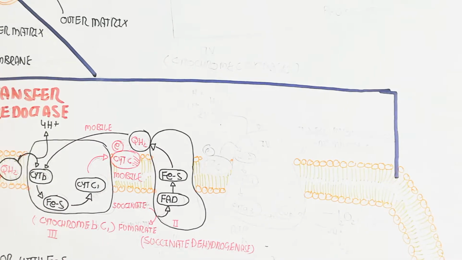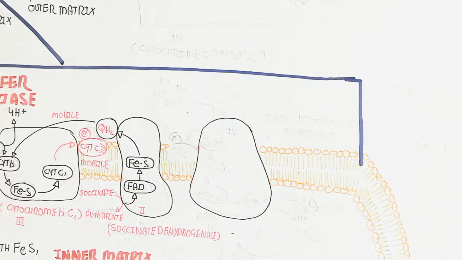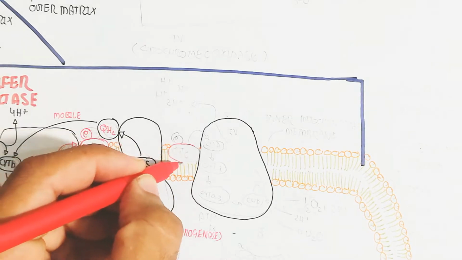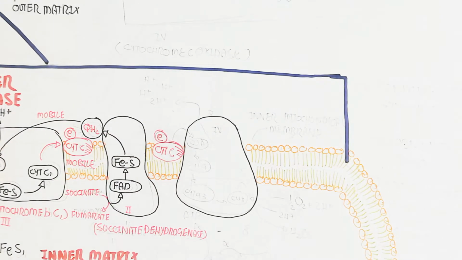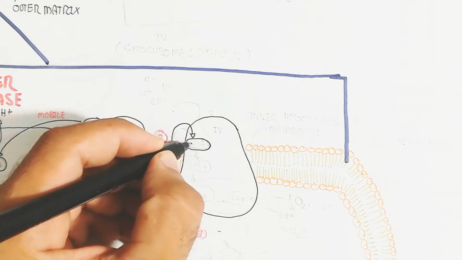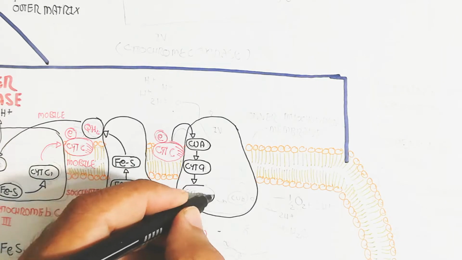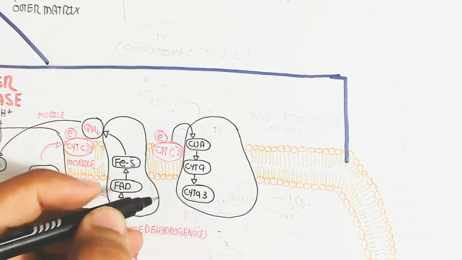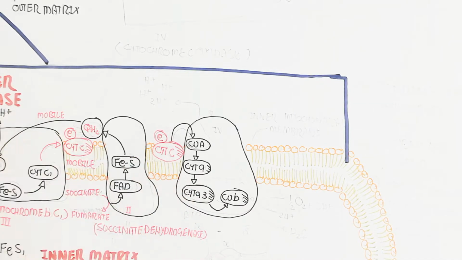So remember, succinate dehydrogenase contains iron sulfur protein and FAD. FAD is converted from FADH2, and FADH2 will transmit the 2 protons to the QH2, and the cytochrome will receive the electron and transmit it to the 4th complex.